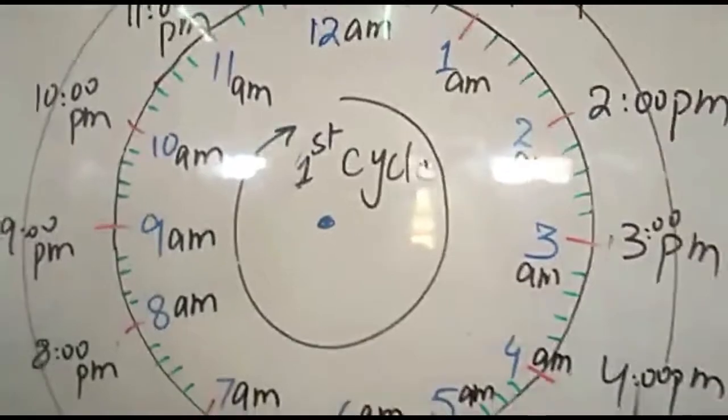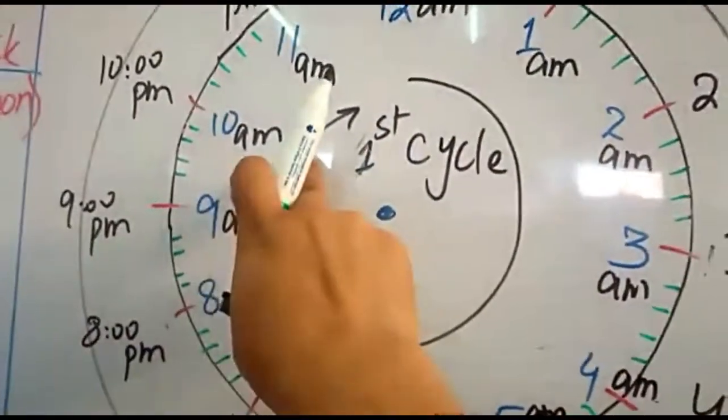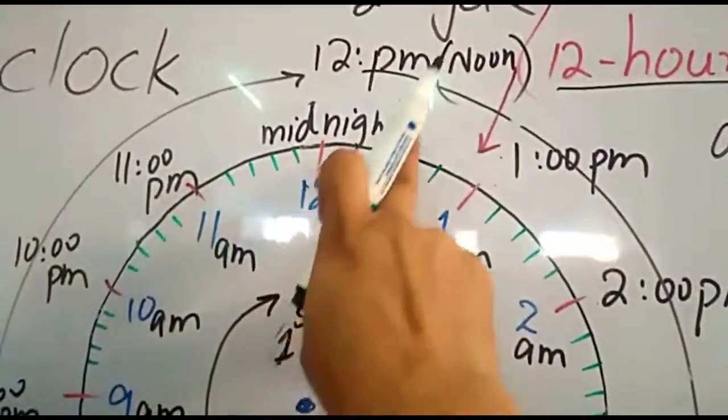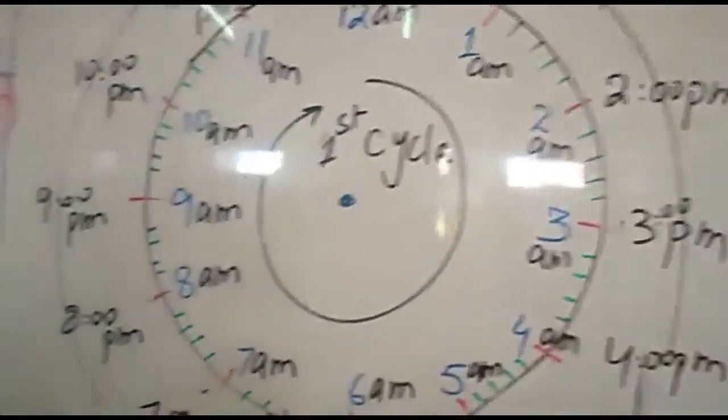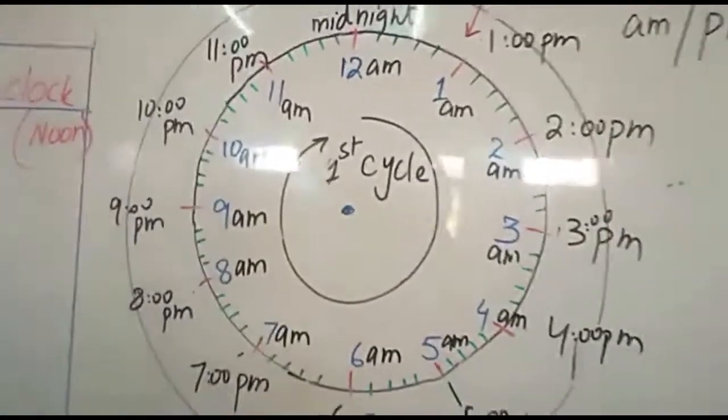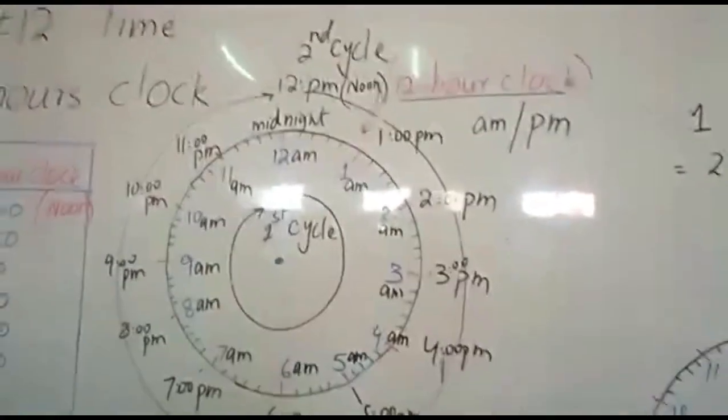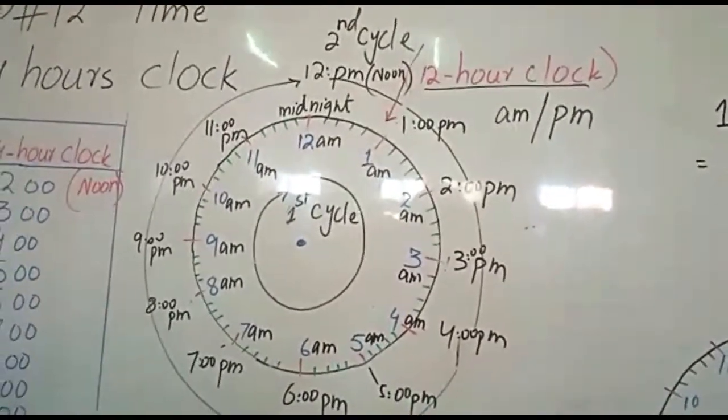In cycle number 1 we use AM and in cycle number 2 we use PM. Clear about it? It was about the 12-hour clock.